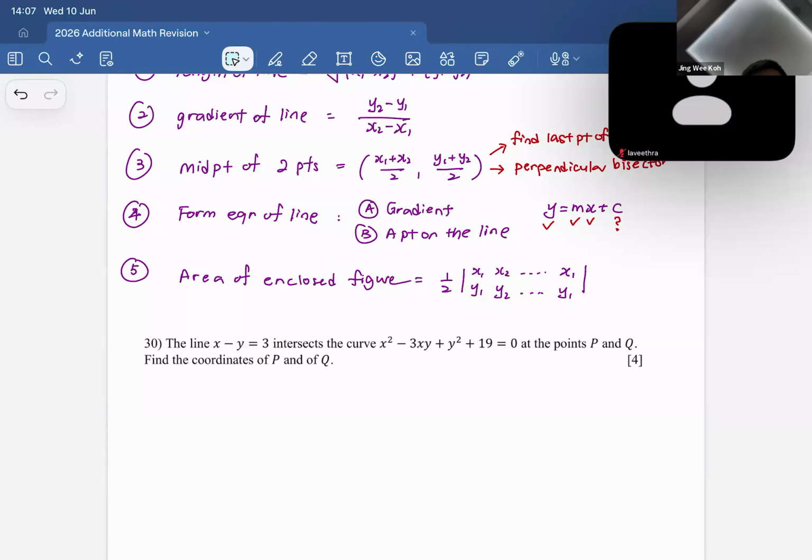So for you to find the intersection, what do you do? You just solve them simultaneously. Can you go and try to solve them simultaneously yourself?